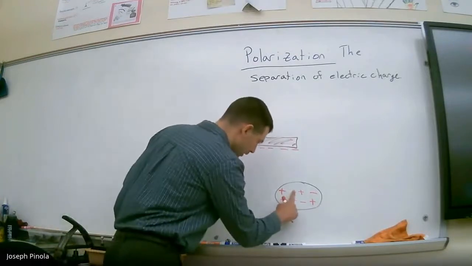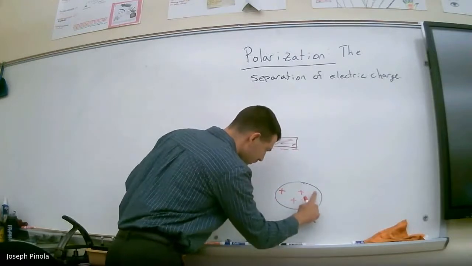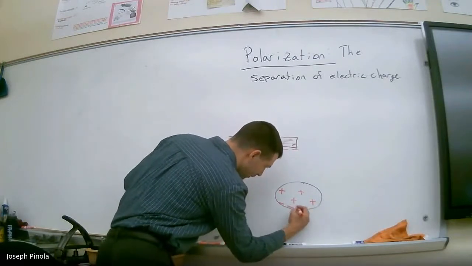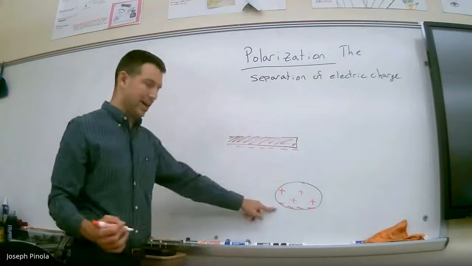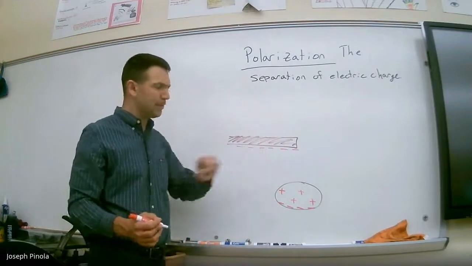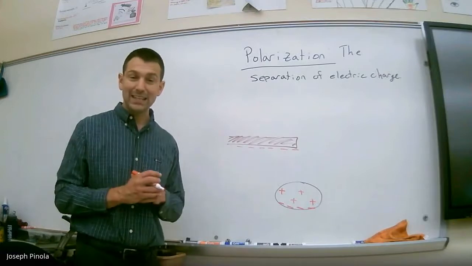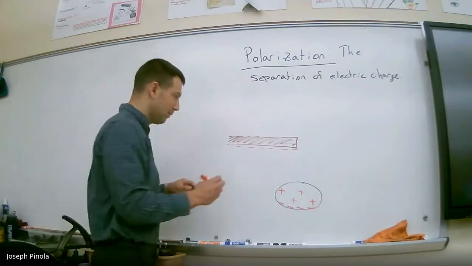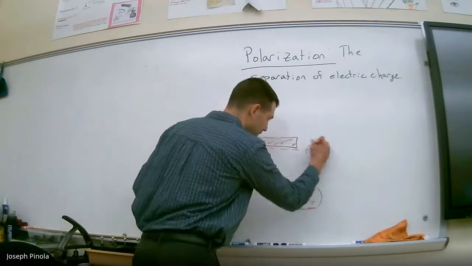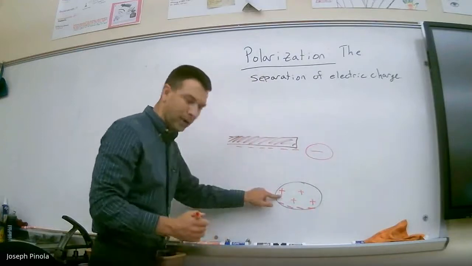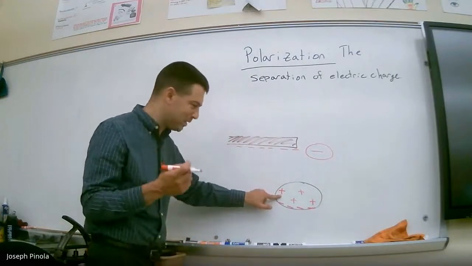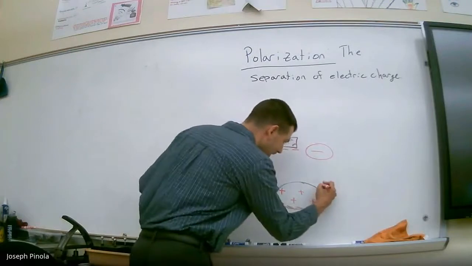And so these negative charges will move to the bottom part of the piece of paper, trying to get as far away from the negative charges in the rod as they can. What does that leave us with? Well, the rod is still negative, but the top part of the hole punch bit, this little piece of paper, is now positive.